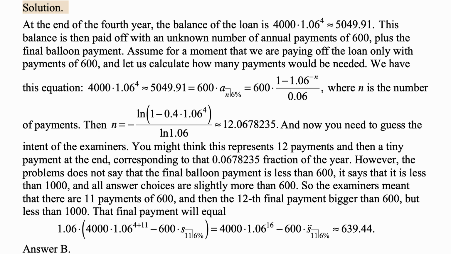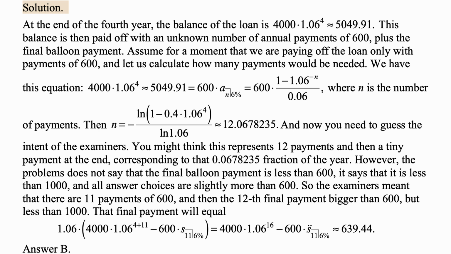The payments come starting at time 5, so they're made at the end of the year. So this is an annuity immediate of 600. Assume for a moment that we are paying off the loan only with payments of 600, and let us calculate how many payments would be needed.